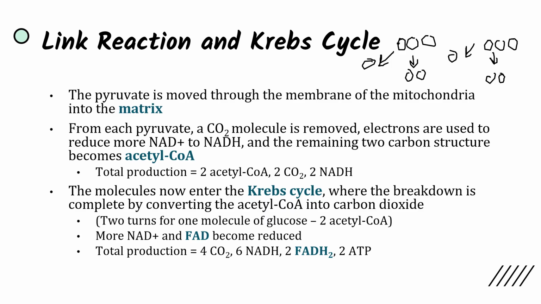And adding that to the products from the link reaction, we're going to have a total of 6 carbon dioxide for all of our glucose molecules, 8 NADH electron carriers, and 2 FADH2 molecules. And a good way to remember this is NAD and FAD. Those are going to be our 2 electron carriers for cellular respiration, while of course photosynthesis has NADP+.